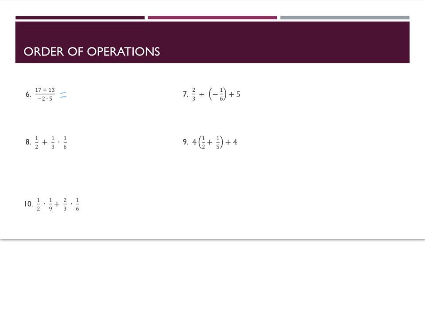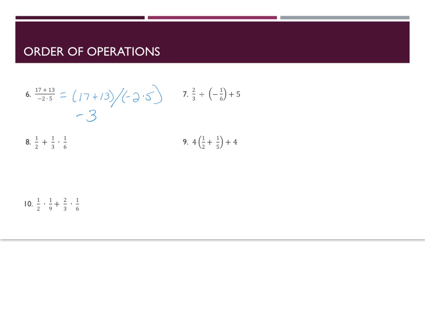If I'm going to put this into a straight line kind of device, if I want it to read the numerator as the whole 17 plus 13, and I want it to read the denominator as both -2 times 5, when I type it into my calculator, I'm going to have to do so with an extra set of parentheses for the numerator and an extra set of parentheses for the denominator. And I should end up with -3.